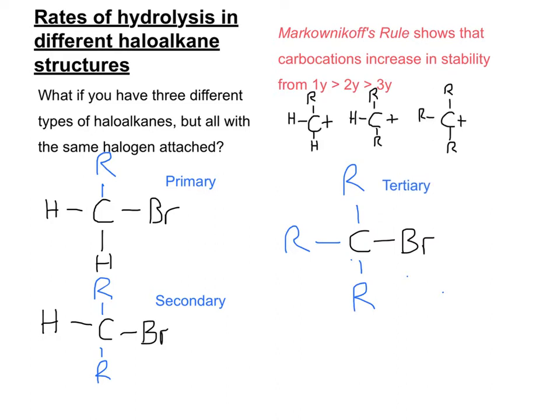If you have three carbocations going from left to right, primary, secondary and tertiary, they increase in stability in this direction, meaning this is most stable and this one here is least stable.